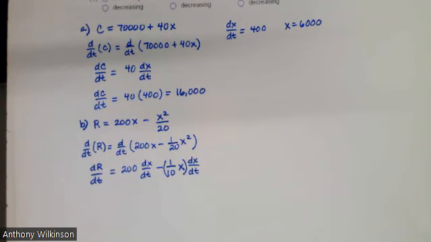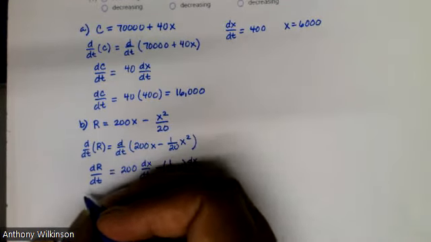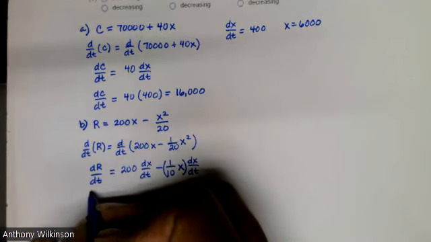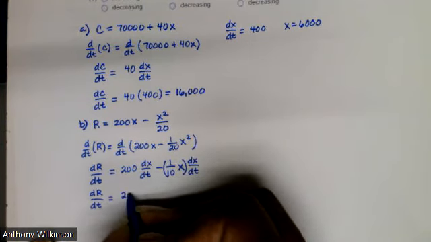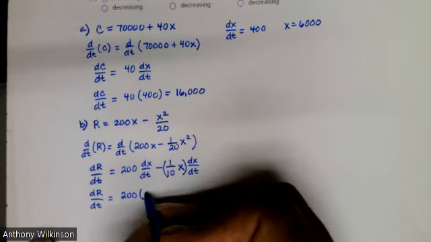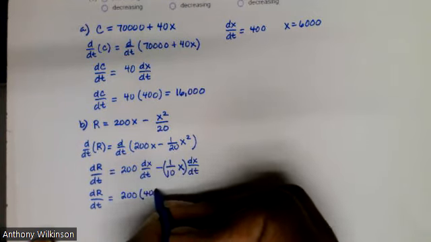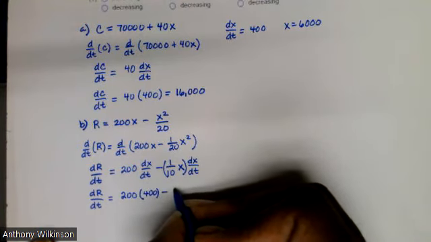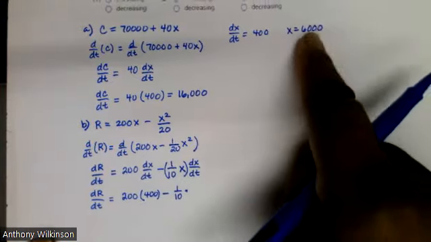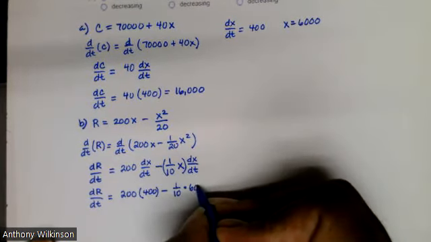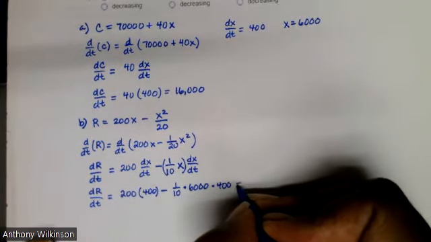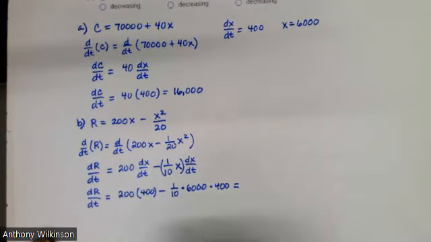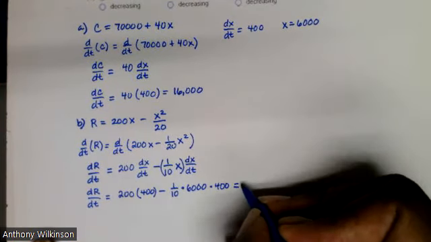Now let's do some substitution here. dx dt is 400 and x is 6,000. So that means dR dt is going to be 200 times dx dt, that's 400, minus 1/10 times x, which is 6,000, times dx dt, that's 400. Okay. Let's do this here. 200 times 400, that would be 8 with 4 zeros.